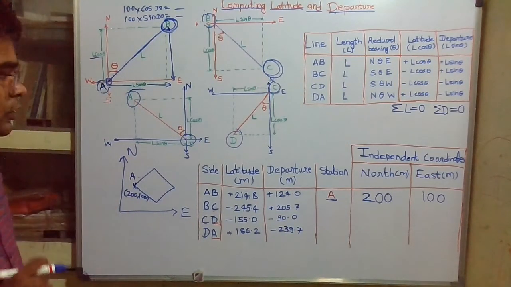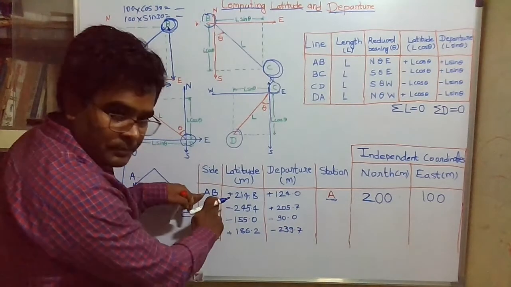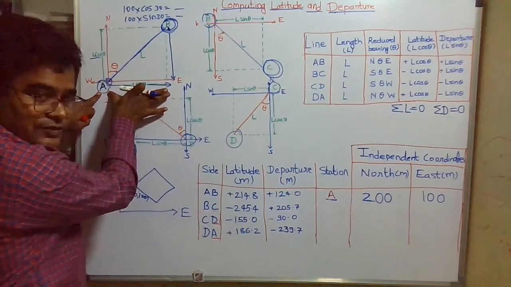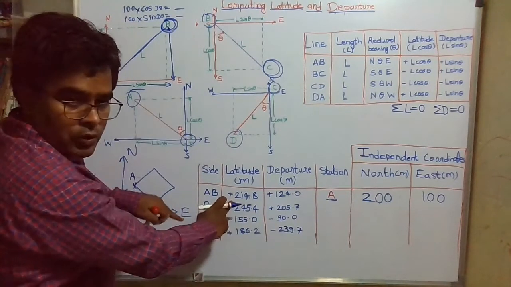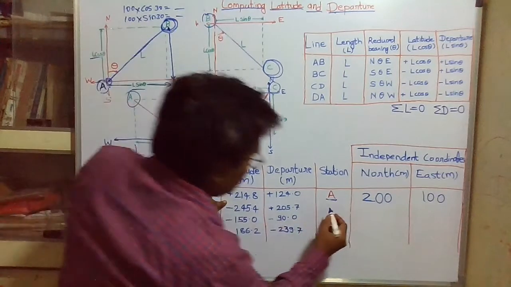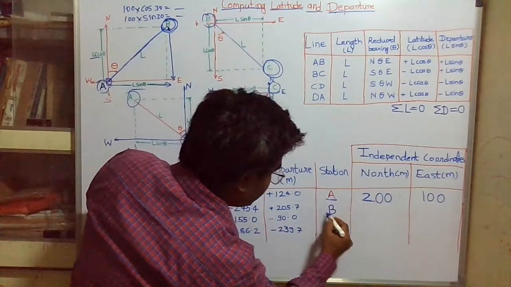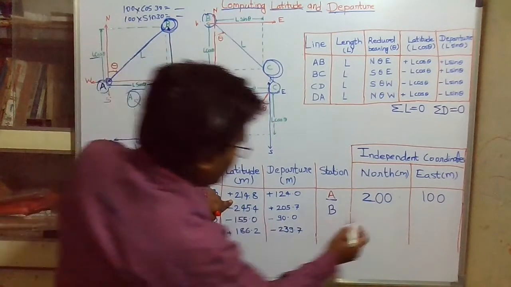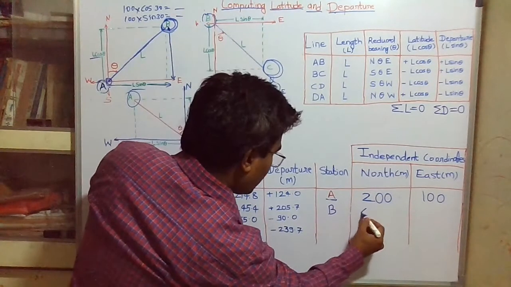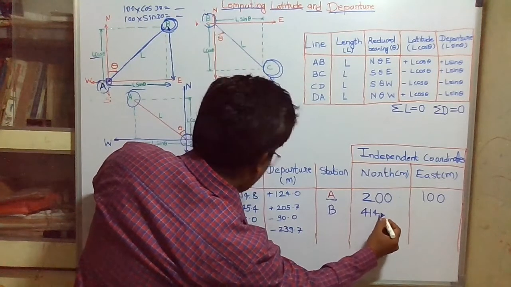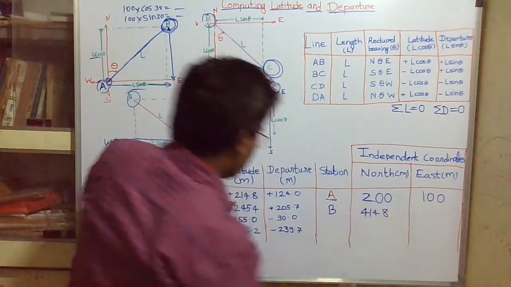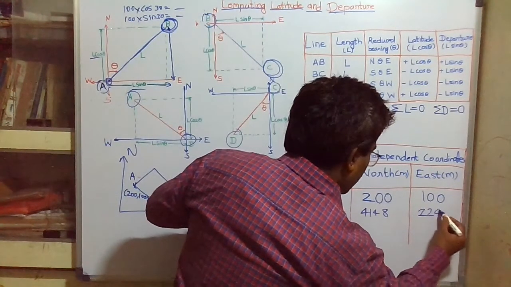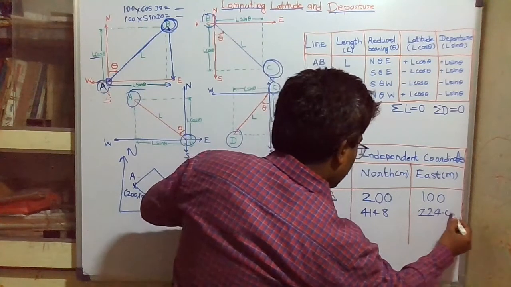Now we have to find the coordinates of B. The distance of point B in the north direction and in the east direction, that is the latitude and departure, we know. So we find the coordinate of station B by adding these values to A. Adding the latitude of AB to 200, we get 414.8, and for departure we get 224.0.